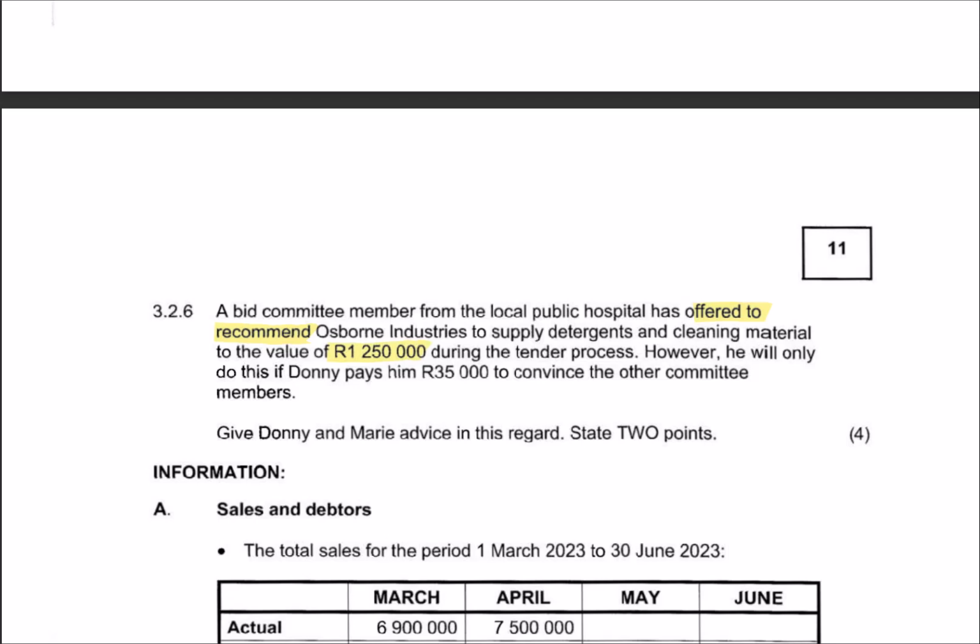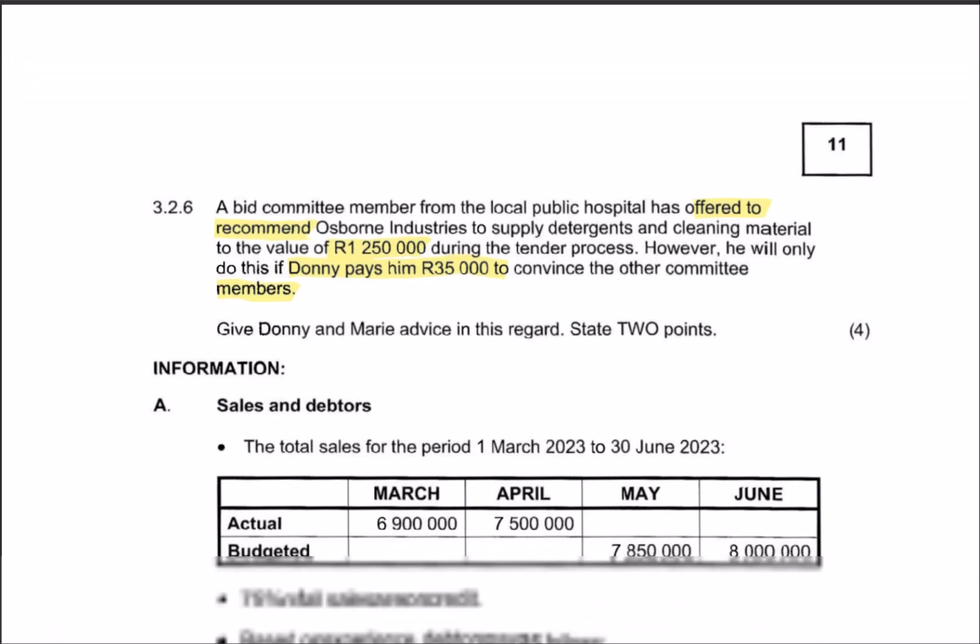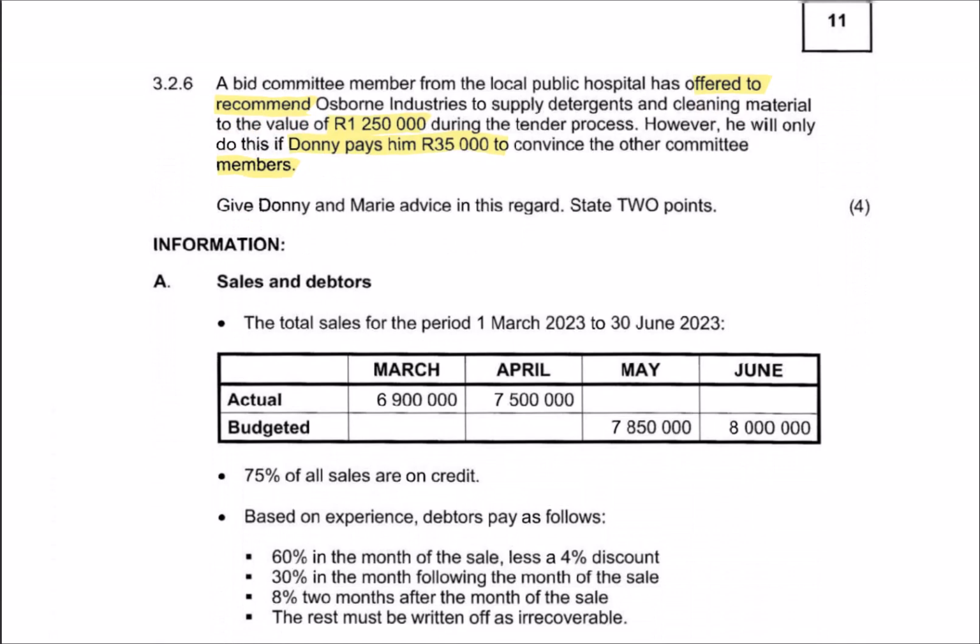However, he will only do this if Donny pays him 35,000 rand to convince the other committee members. So he wants a bribe, in other words, to convince the other committee members. Give Donny and Mary advice in this regard. State 2 points.